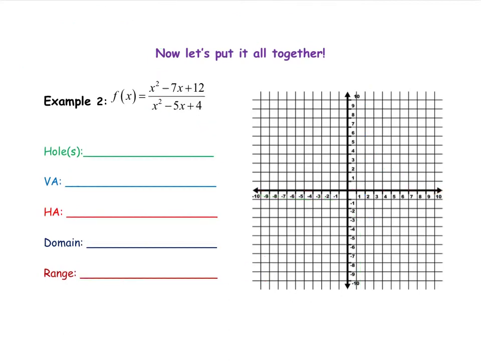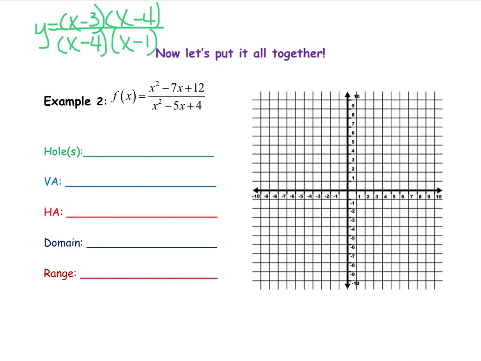In order to find our holes, or our hole, we first need to factor the numerator and the denominator. When we factor the numerator, we get x minus 3 times x minus 4. And when we factor the denominator, we get x minus 4 times x minus 1.